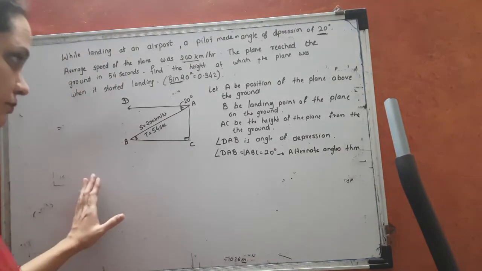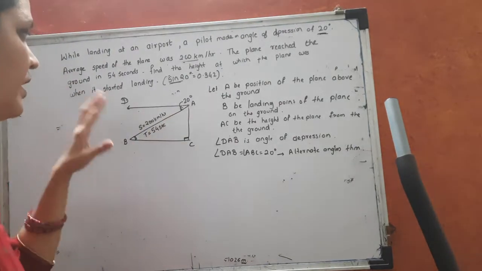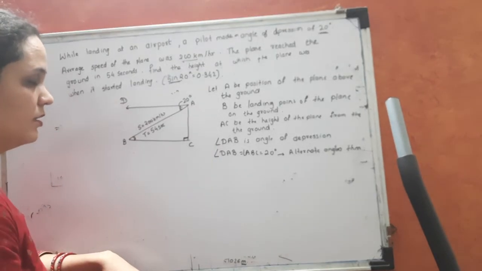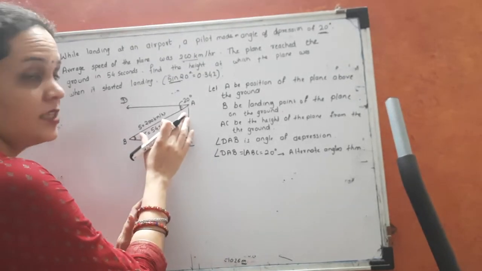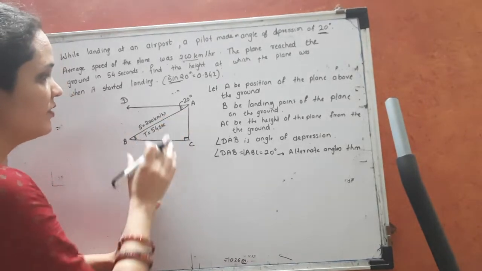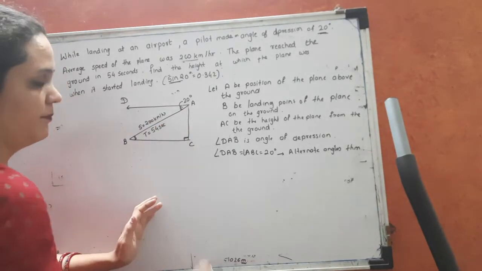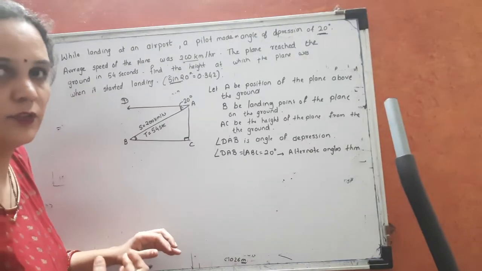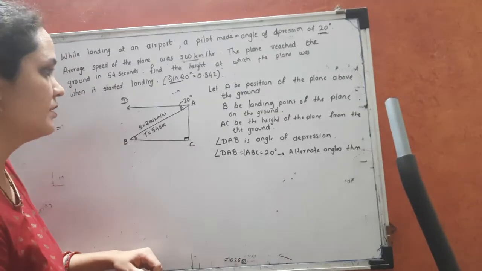Okay. Now you have the values. What you need to find out is the height AC. They have not directly given us the distance AB. They have given it in terms of speed and time. So using the speed and time, you can find the distance AB.